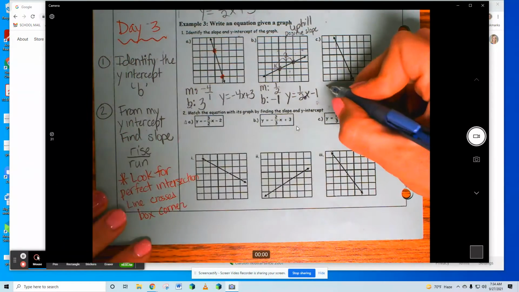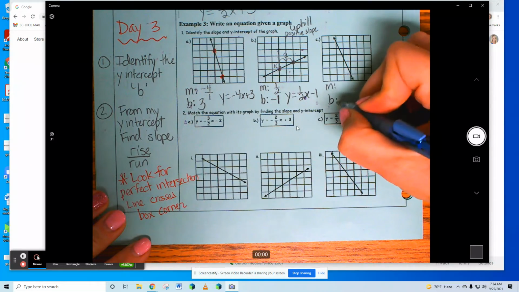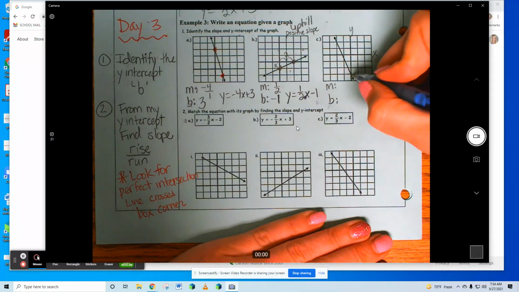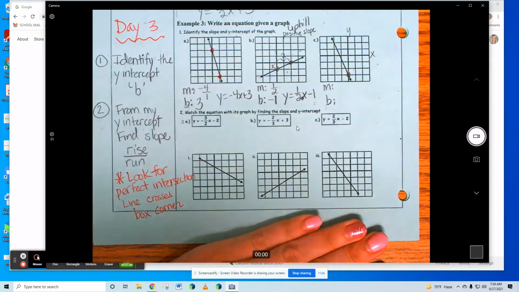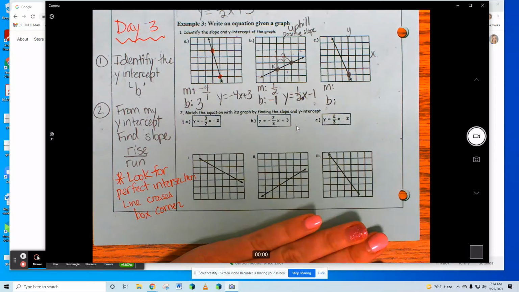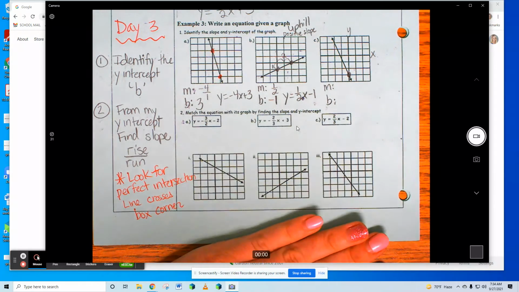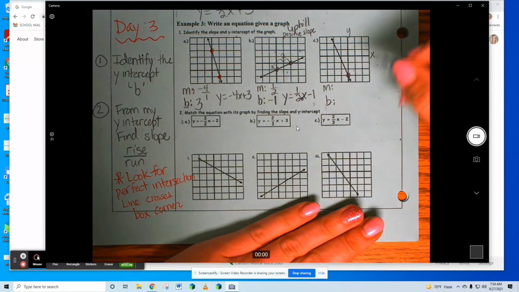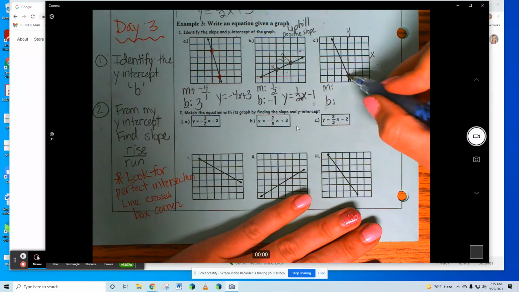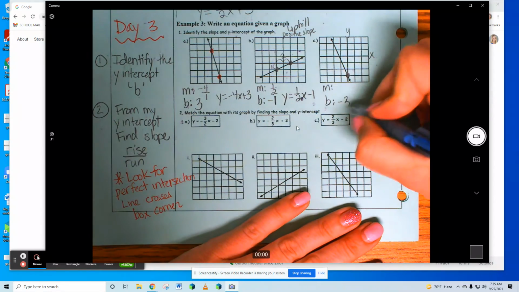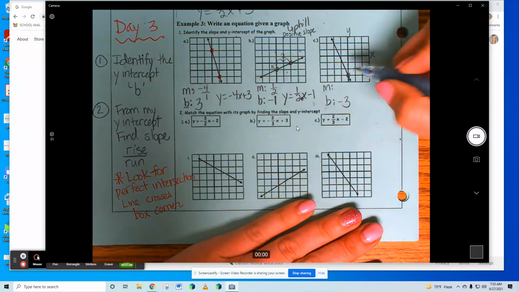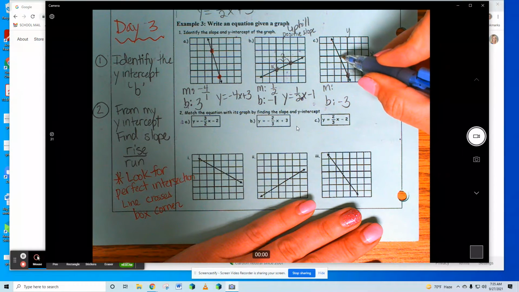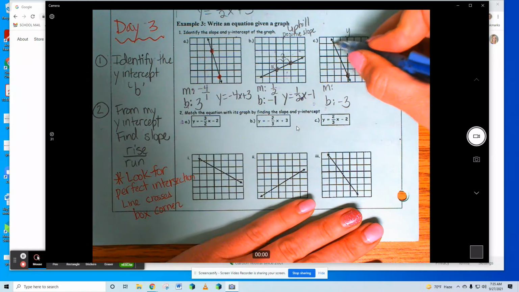C. Look for your y-intercept, down here. Table 8, gentleman and lady, help me out. What's my y-intercept? -3. Let's find another. No. Way up here.